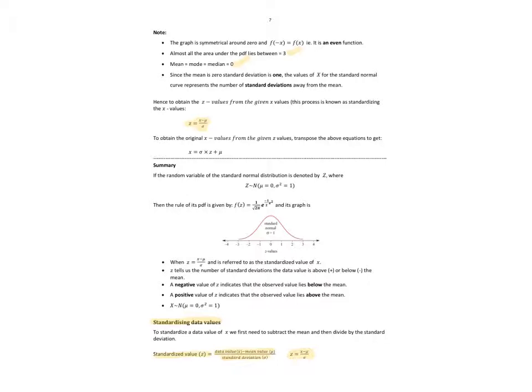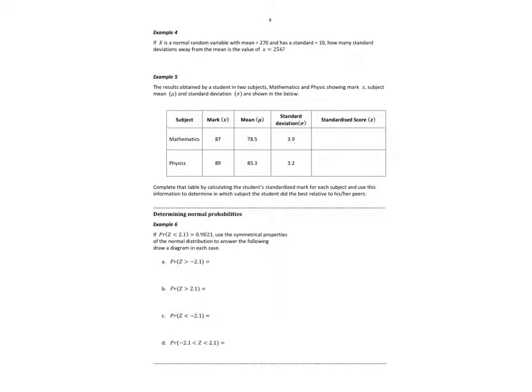All right, so let's have a look. This is sort of what we're talking about here. We've got a normal random variable, mean 270, standard deviation 10. How many standard deviations away from the mean is the value X equals 256? So if we got a score of 256, how many standard deviations above or below are we?